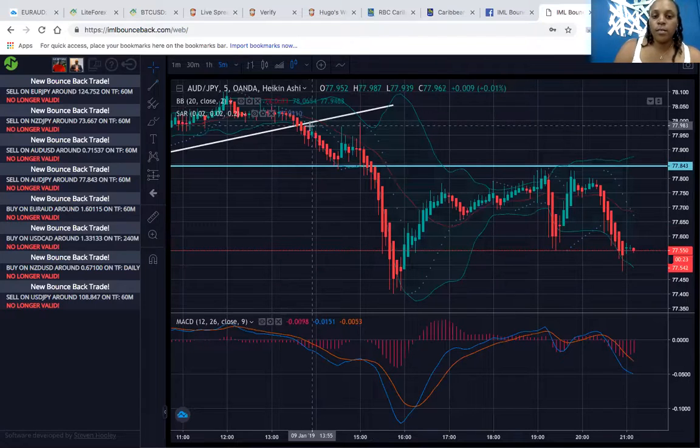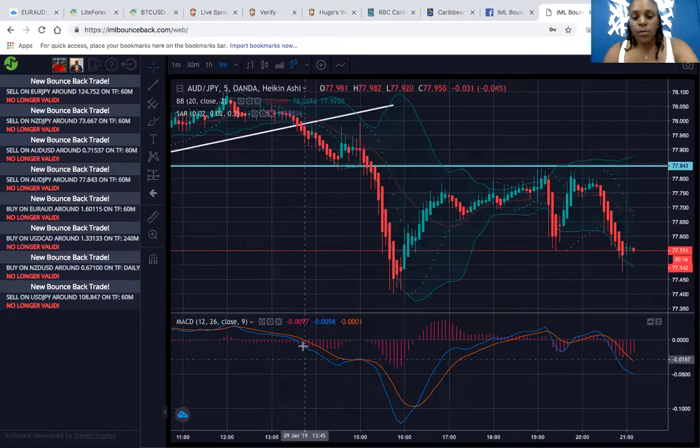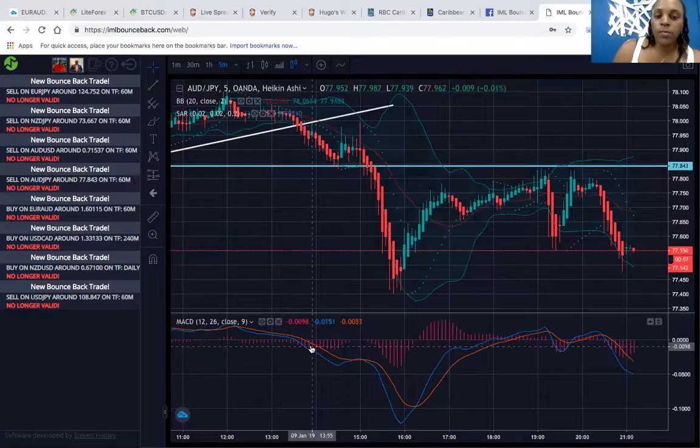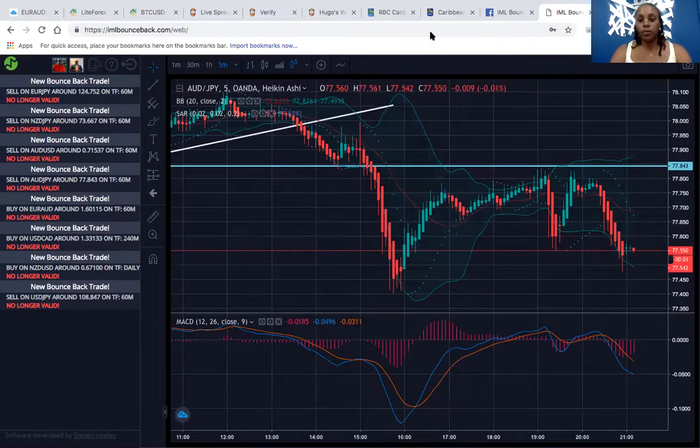So you could have entered here, which would have given you the confirmations. You had the break of the trend line, you had a slight retest, as well as, if you see down here, you will notice that you have the cross of the zero line on the MACD. Very simple, very, very simple, right?